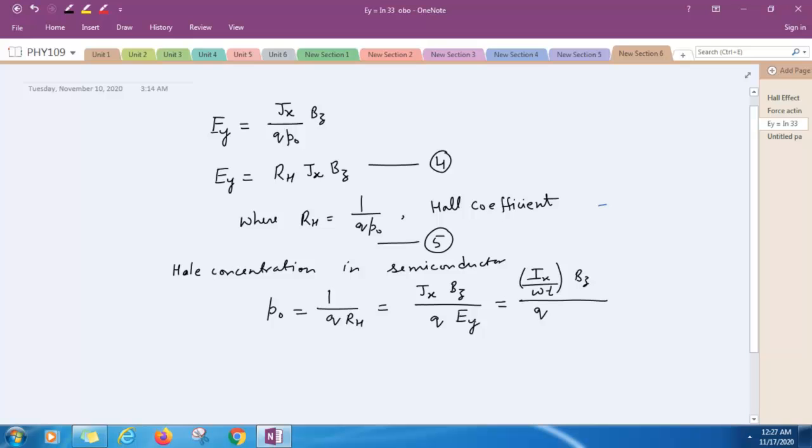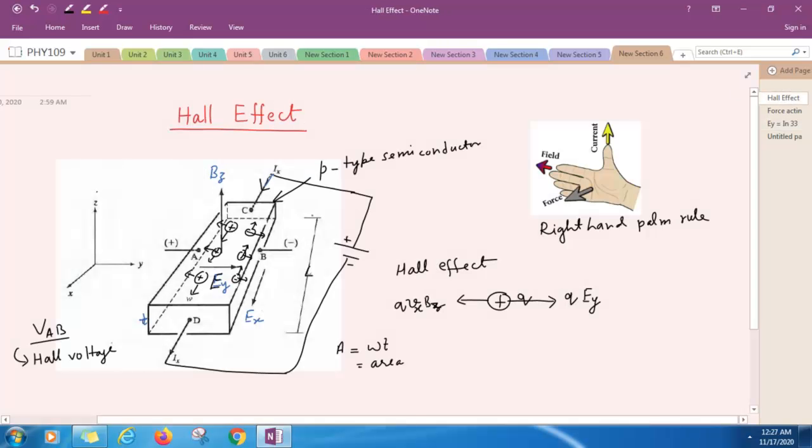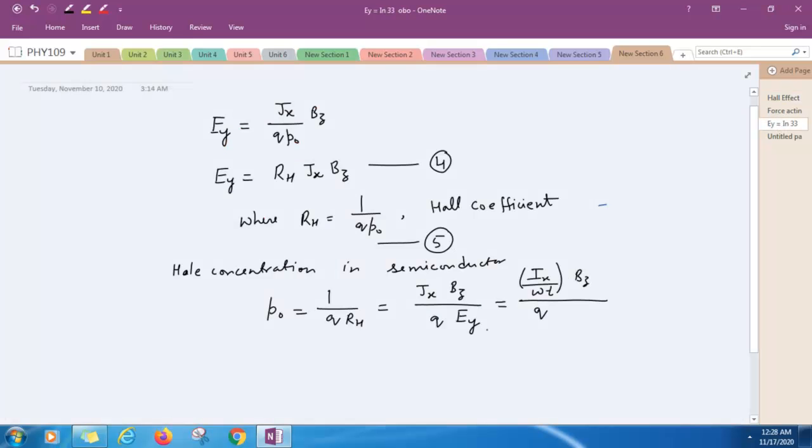Now how can we calculate this Ey? Just look at this diagram. Ey means electric field between this A and B. So Ey is equal to, we know the potential difference between A and B, VAB, and we know the width of this block also, W. So this you can calculate, means VAB divided by W. Okay, this is equation number 6.